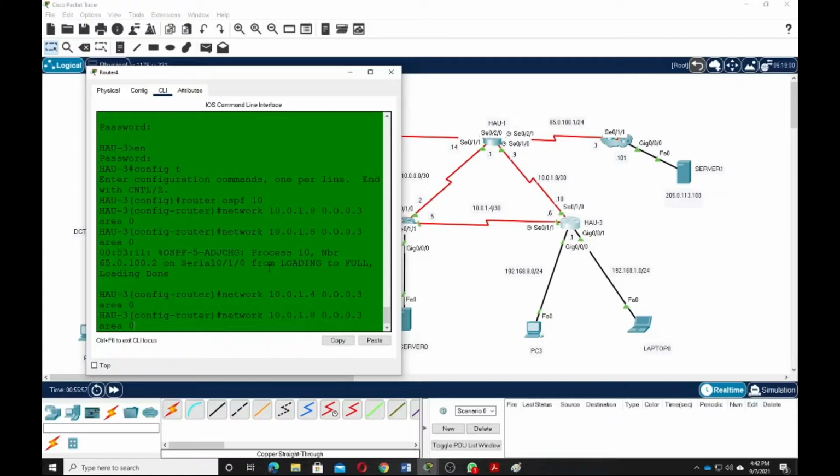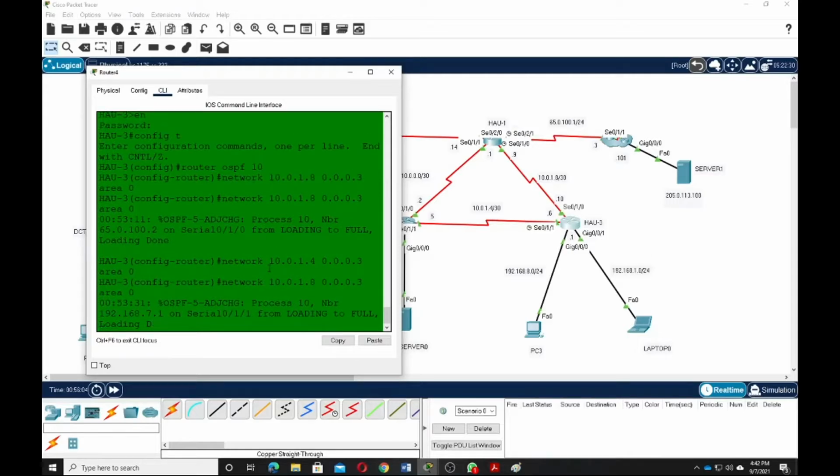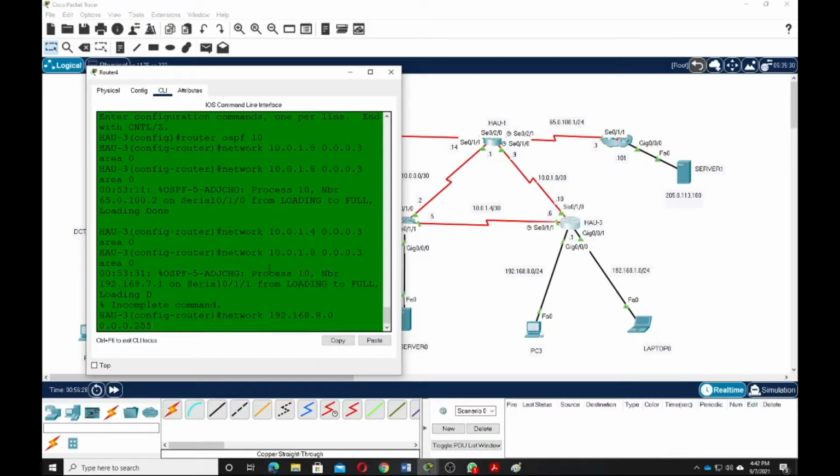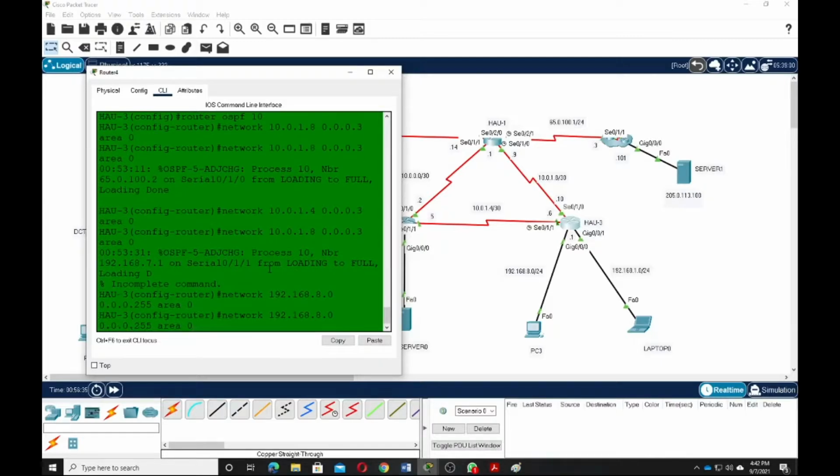And then we have another network 192.168.8.0 with wildcard 0.0.0.255, area 0, and then another network .1.0, area 0.